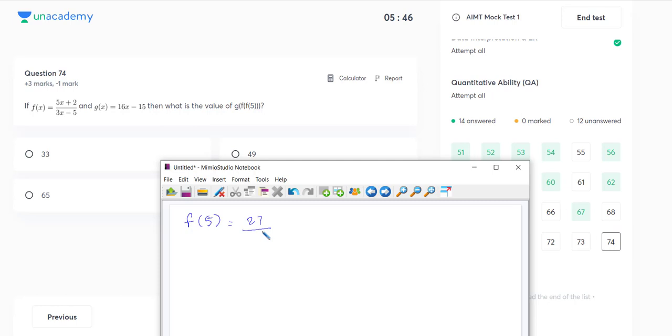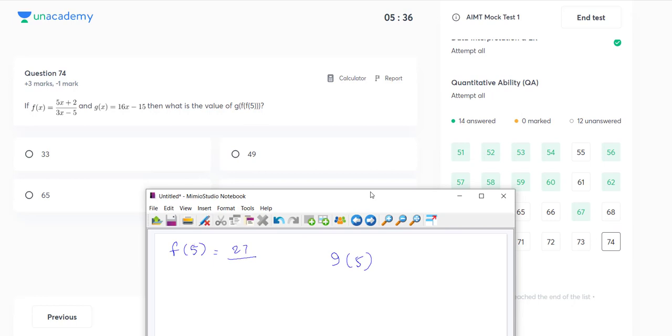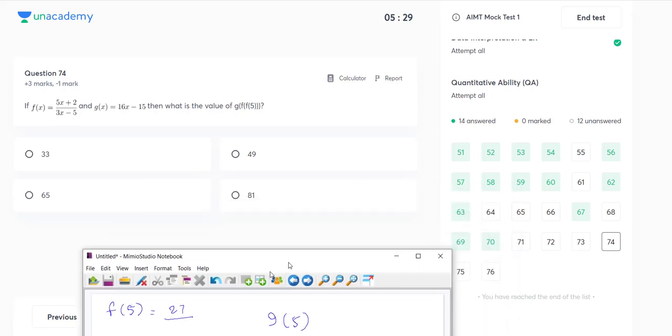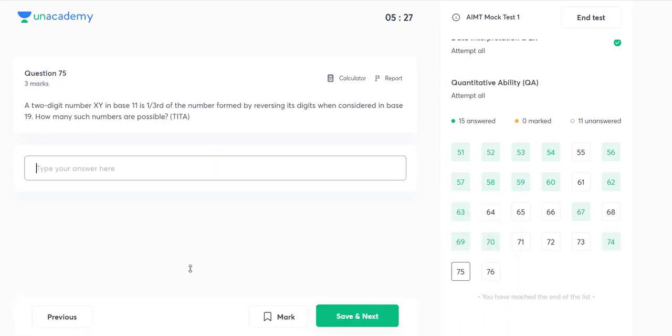Okay, inverse function. So f of 5 is going to be 5 only. Okay, so now we need to find g of 5. g of 5 is going to be 16 5s are 80. 80 minus 15 is equal to how much? 65. Okay, yes.